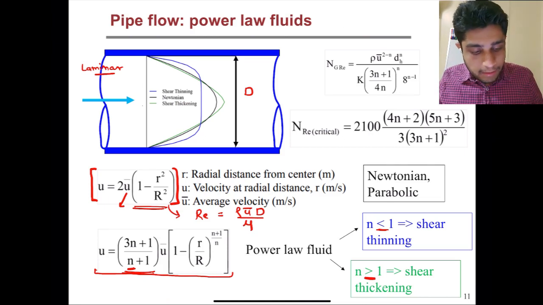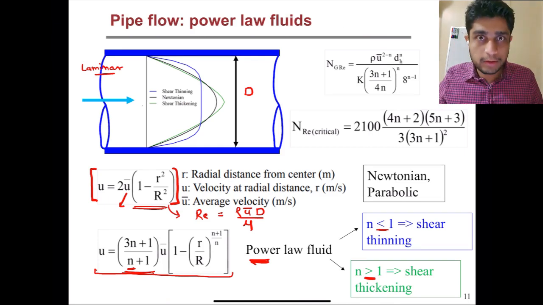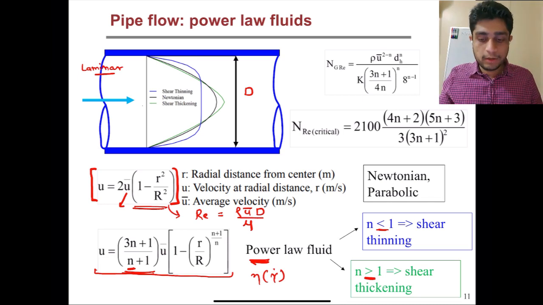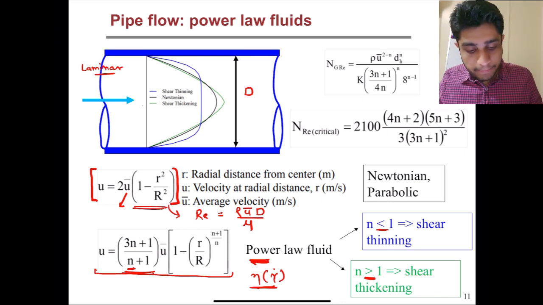But for the power law fluid, as we know, the viscosity is not constant, right? It is a function of shear rate. So we'll have to use the proper definition of viscosity and the proper definition of this average velocity.